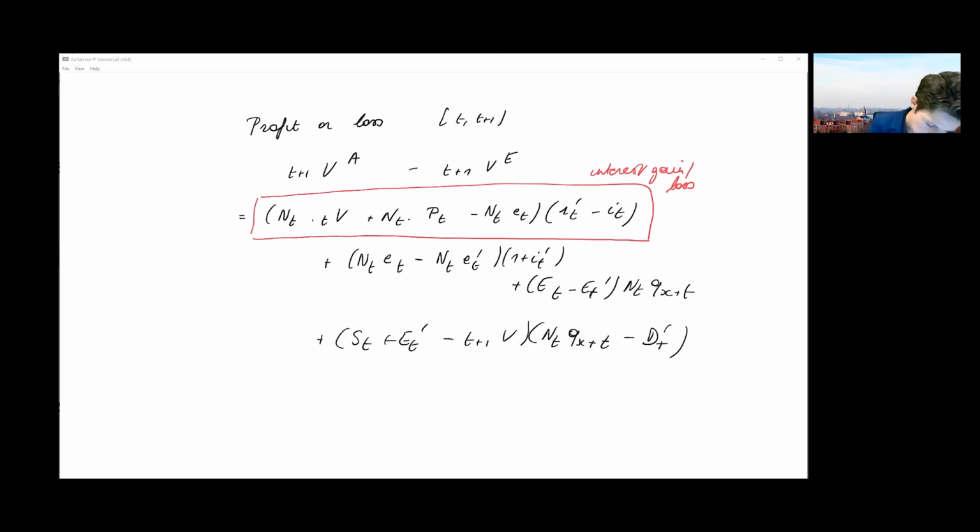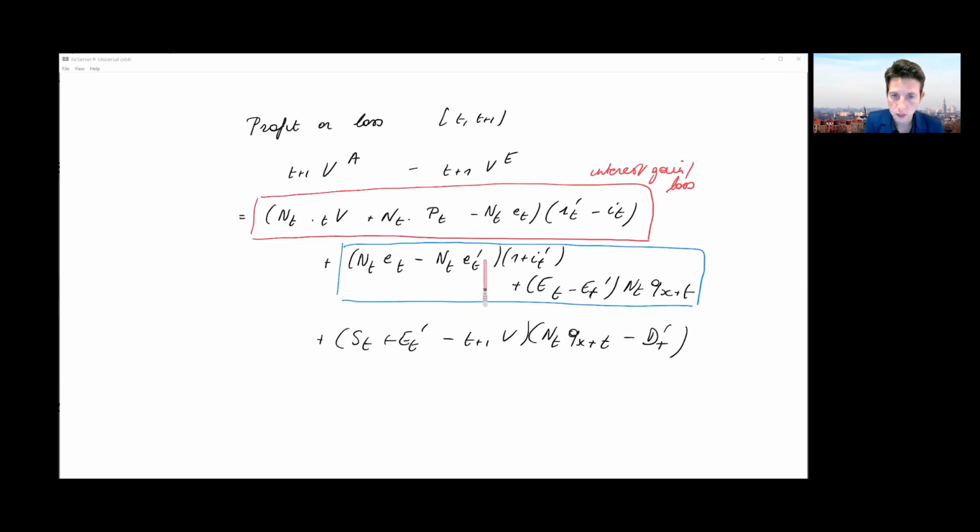And then the second component in this expression is dealing with my expenses. So this part deals with the profit and the loss that is driven by the difference in the expenses.